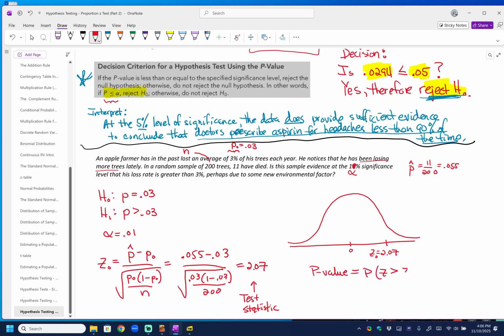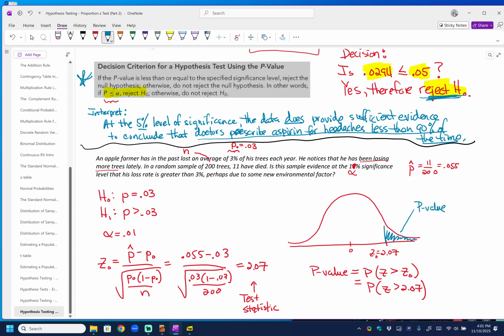Now, in that case, that means we're looking for the probability that z is greater than 2.07. So this conveniently puts us in the right tail of our distribution, which makes sense because we are dealing with a right-tailed test. The p-value, therefore, is going to be whatever this area is on the right side of 2.07.